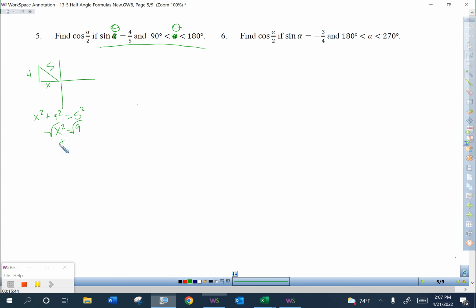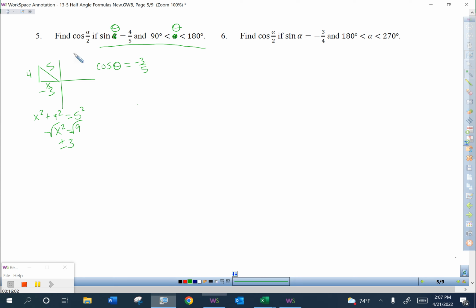Remember, it's plus or minus 3, and we decide based on where it is. So we're on the left, it's negative. Alright, well we did that in part A to find cosine because cosine wasn't given to us. So cosine theta on this triangle is negative 3/5.